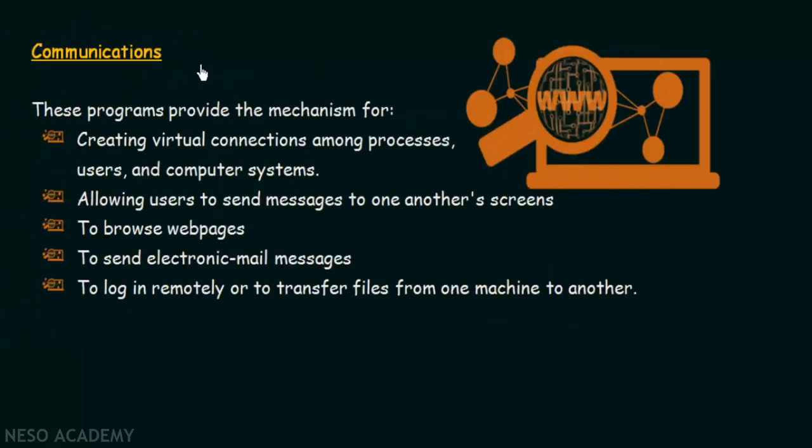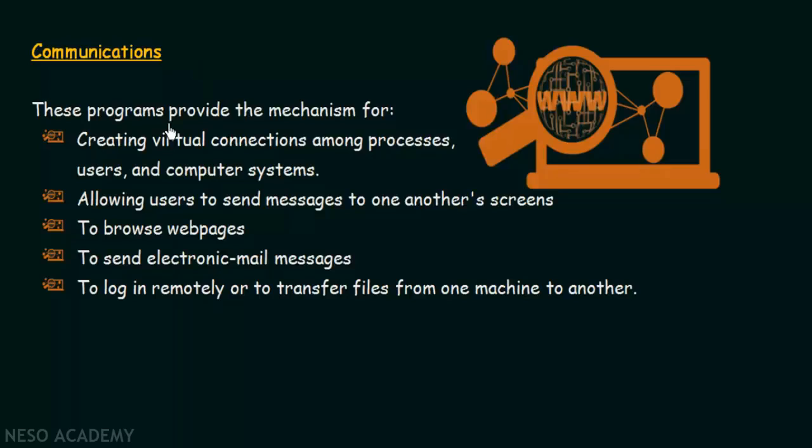Now coming to the last one, we have communications. These are the system programs that help in communications. Even when we discussed system calls, we had the system calls that helped in communications. In the same way, the system programs that help in communication between processes or users, or allow users to surf the web and so on, fall under this category of communications.